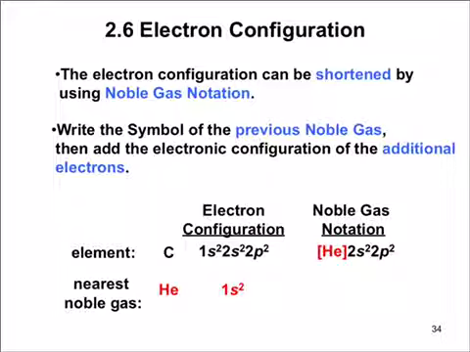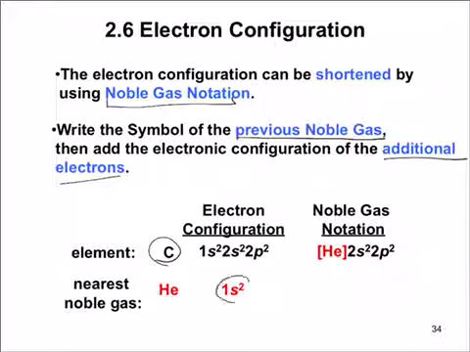We can shorten the electron configuration using what we call the noble gas notation. And the way this works is we take the symbol of the previous noble gas and add the additional electrons. So for carbon, the noble gas that was prior to it was helium. Well, helium has an electron configuration of 1s2.